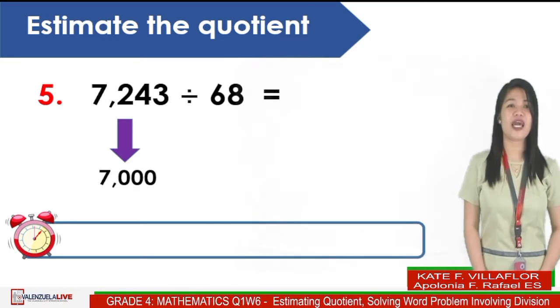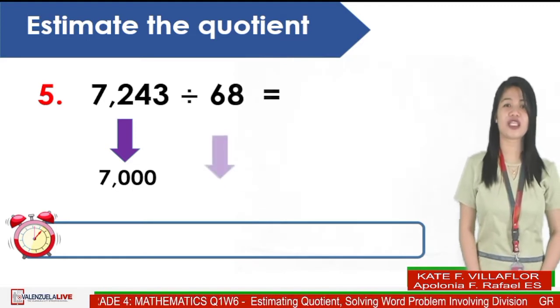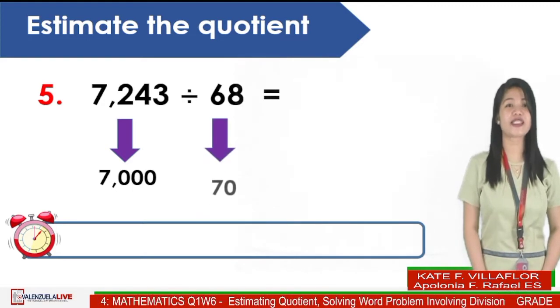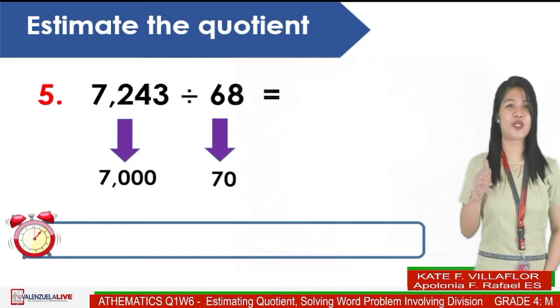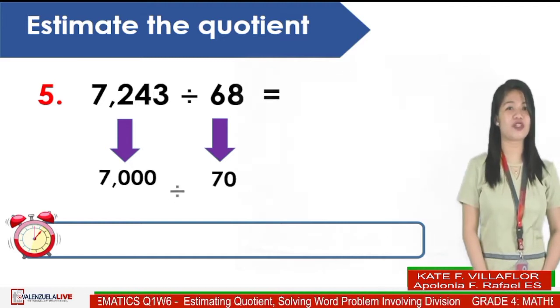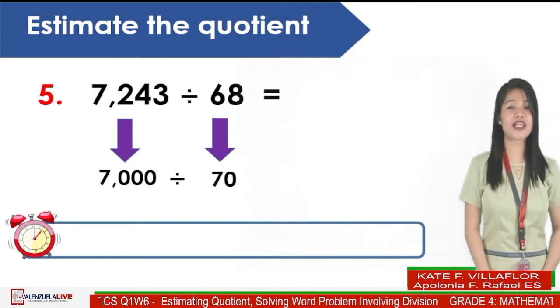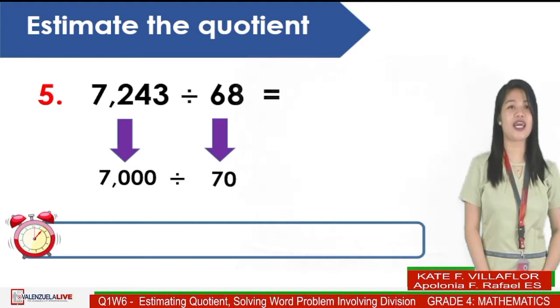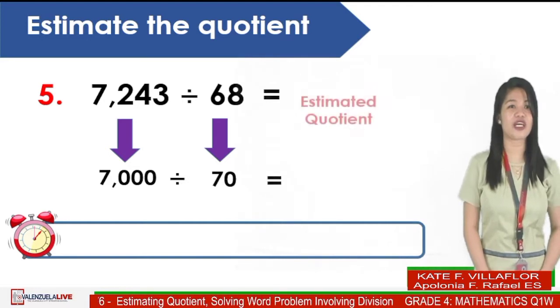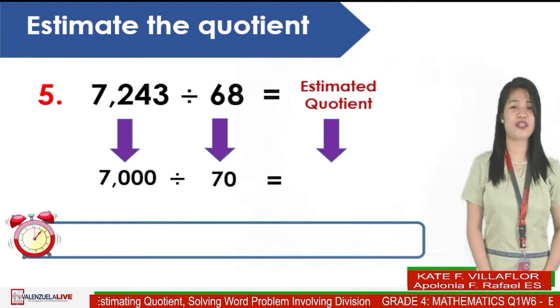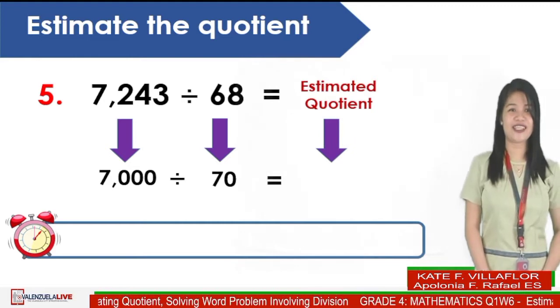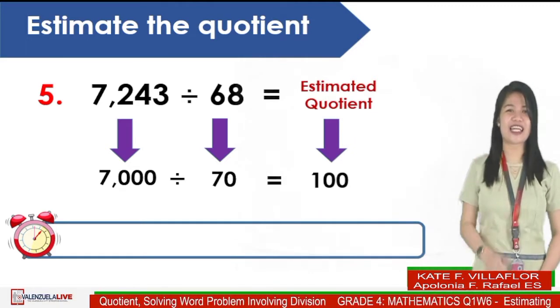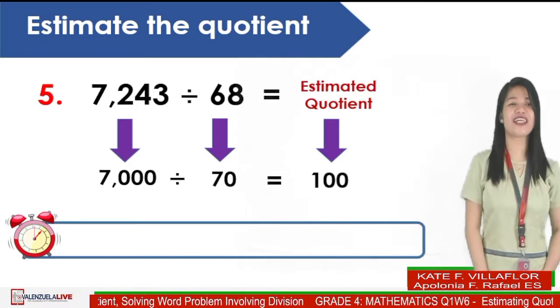Great job. And if we round up the divisor, which is 68, the answer is 70. Very good. And the estimated quotient, if we divide 7,000 divided by 70, what is your answer, grade 4 pupils? Okay, excellent. The answer is 100.